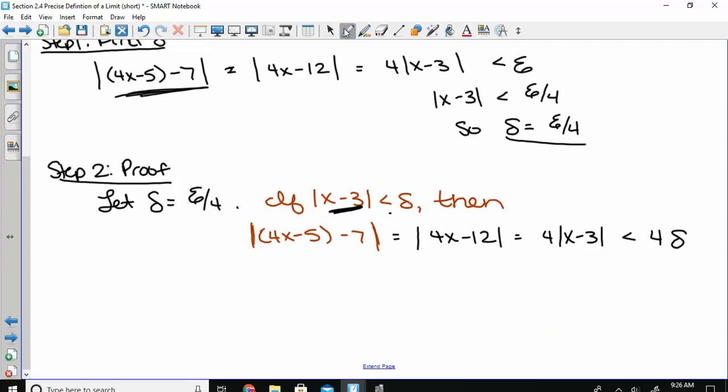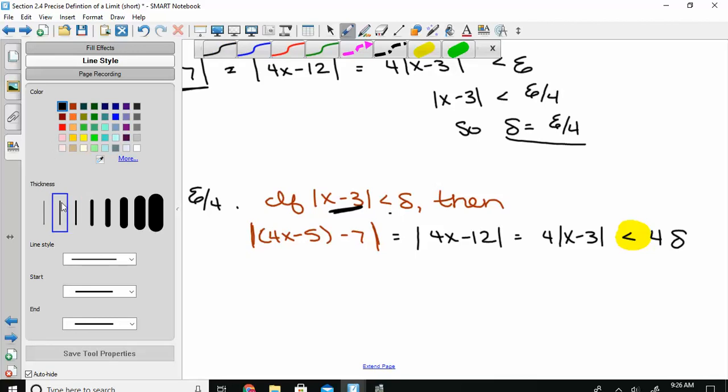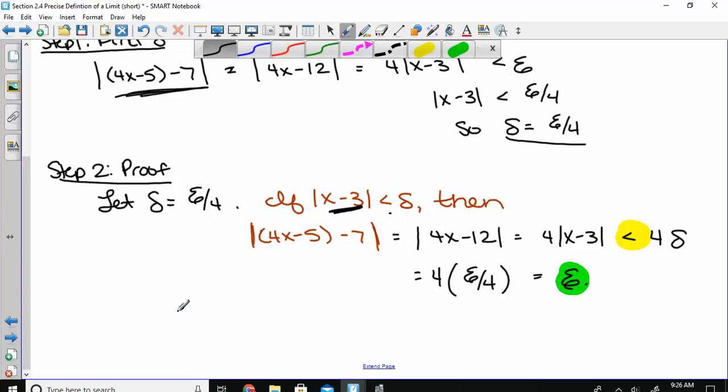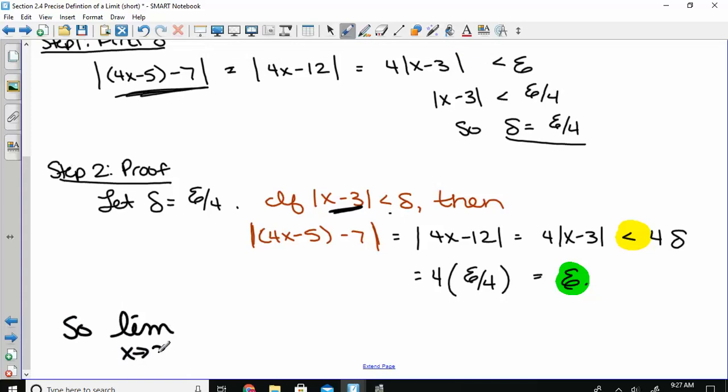I'm just going to plug in that delta for my absolute value. So right now, I have my less than sign. All we have to do is get our epsilon and we're done. But what did we say we are going to let delta equal? Epsilon over 4, which gives epsilon. I got my less than, I got my epsilon. We are done. That's all you have to prove.